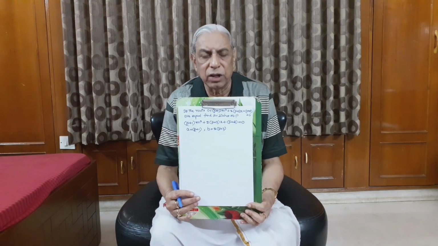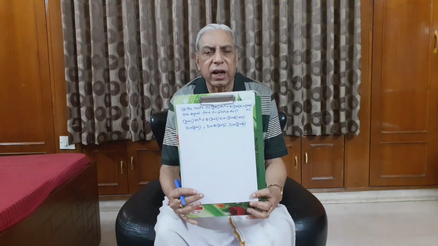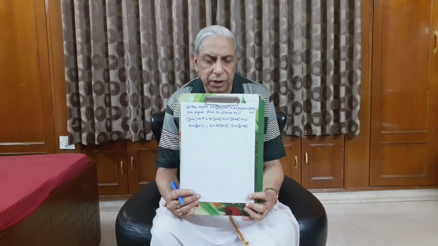What is the value of b? b equals 2 times (p plus 3), because 2 into (p plus 3) into x is there. What is the coefficient of x? 2 times (p plus 3). Then what is the value of c? c equals p plus 8. This analysis must be correct. A, B and C I have written.